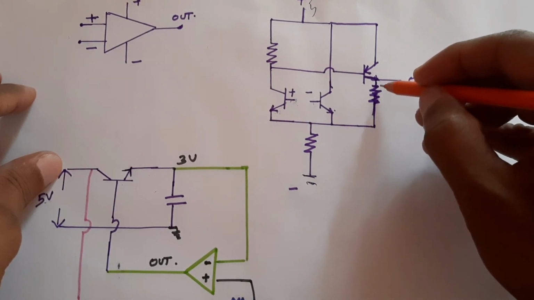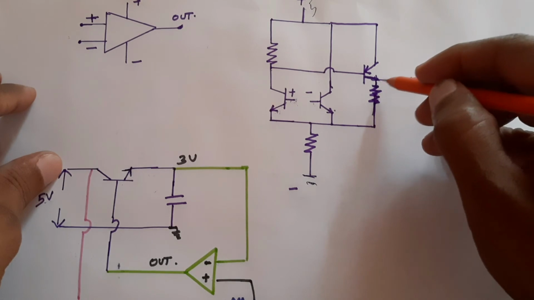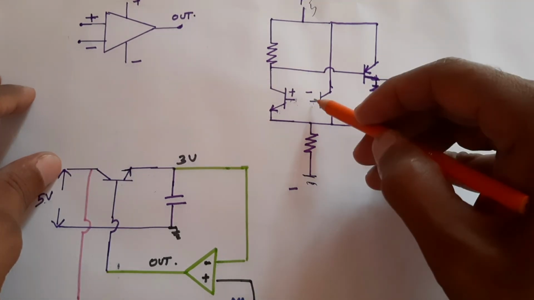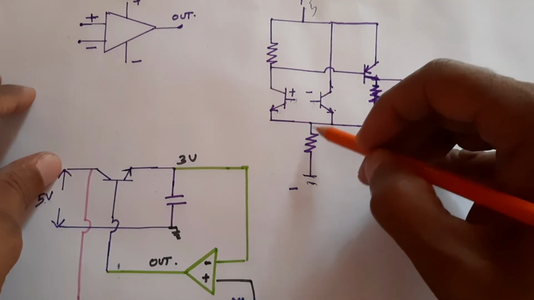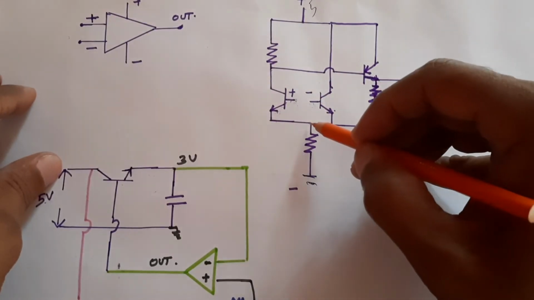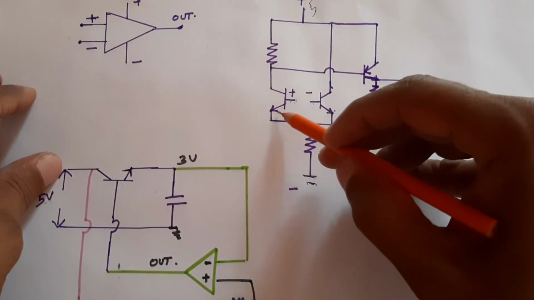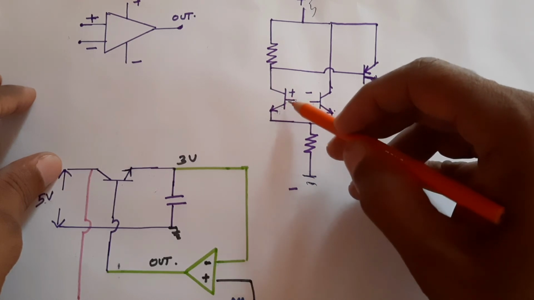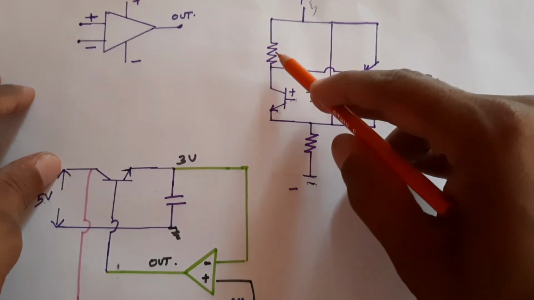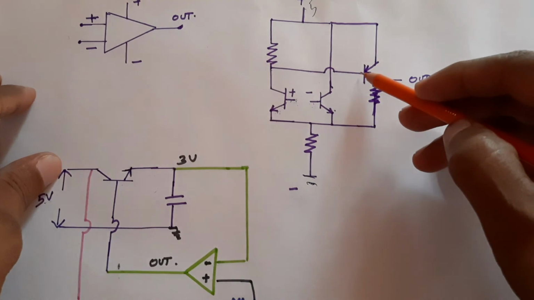That means the output voltage is going to decrease, just above 3 volts. Current through this will be more, so the voltage drop across this resistor will be more, and it becomes an open circuit, and the whole 5 volts will appear here.